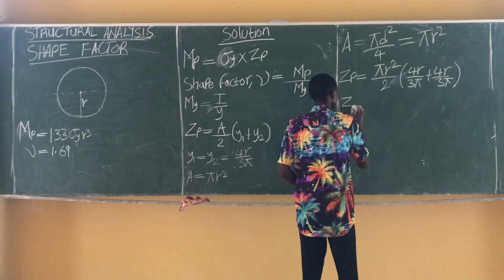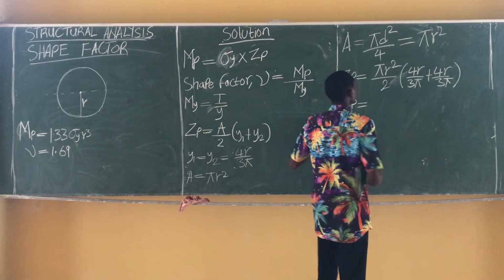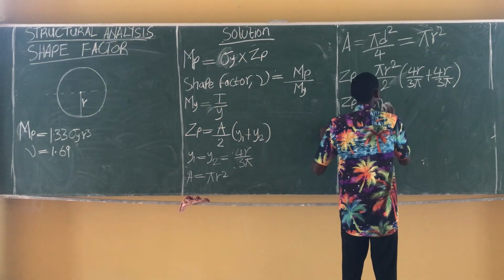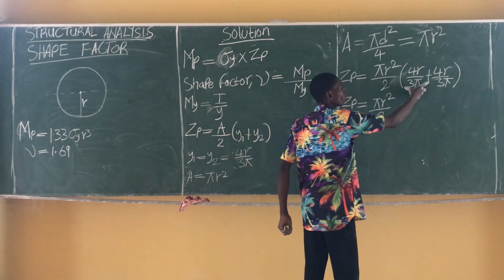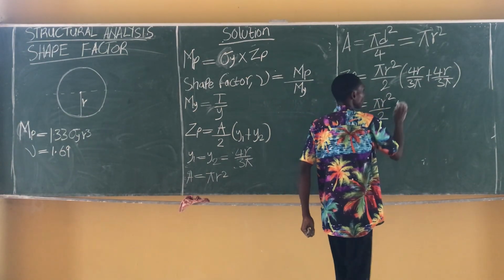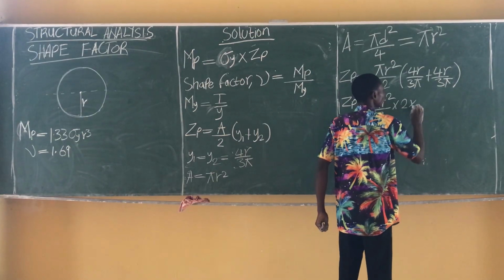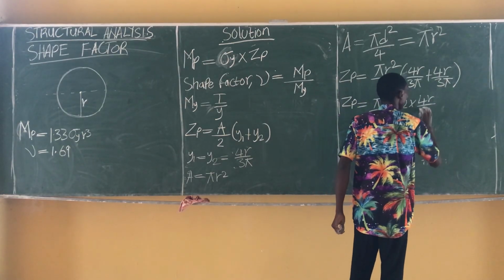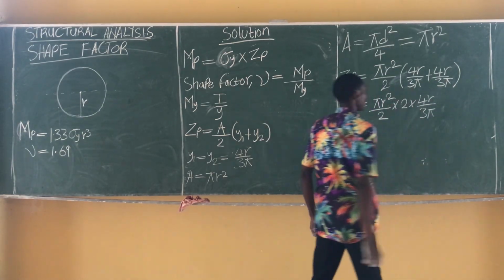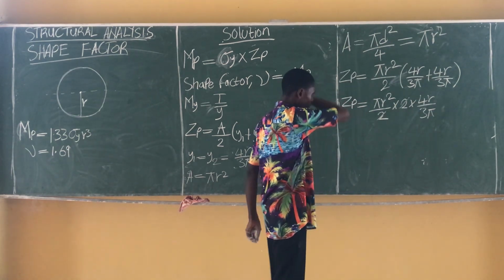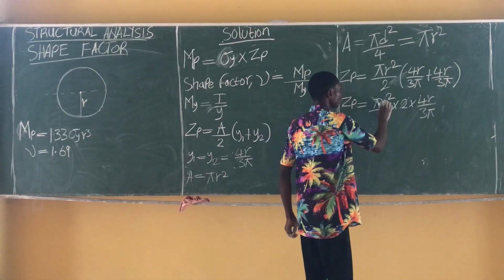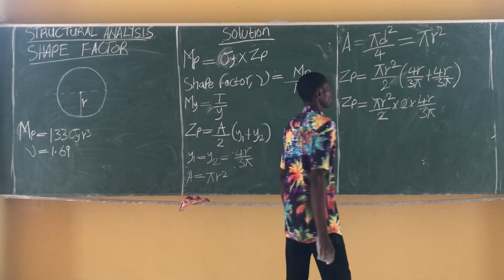So our plastic section modulus ZP is equal to pi r square all over 2, multiplied by 2 of 4r all over 3 pi. So at this point, this takes away this, and this takes away this.